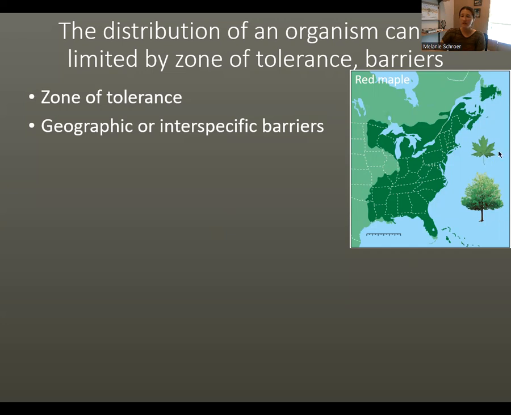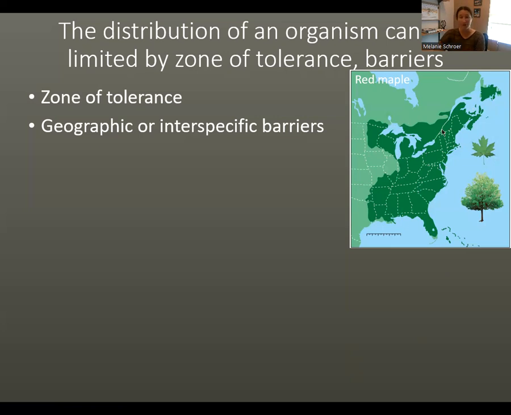So this here is the red maple distribution. A type of tree that turns a beautiful red color in the fall, and also produces lovely maple syrup if you harvest it in the right way. And so we can see that this tree's distribution is not everywhere, it's only this darker green, it has some limits, right?